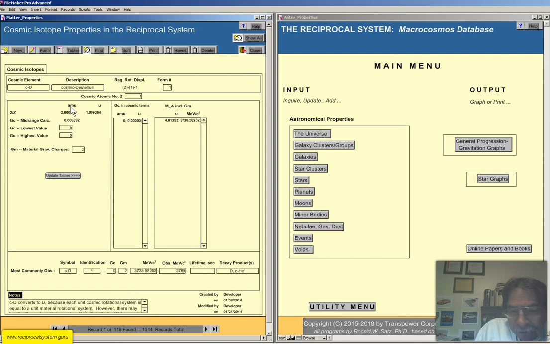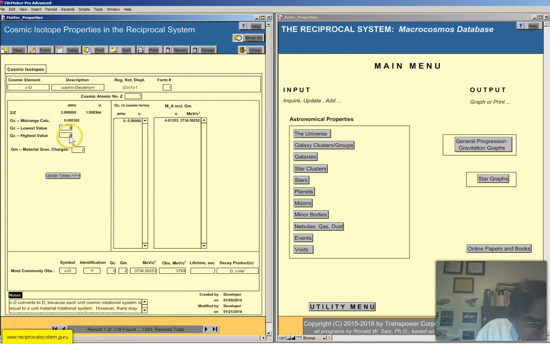The reciprocal system is more consistent with the old oxygen basis than with the newer carbon basis, but we give both here. G sub C means the number of gravitational units from the cosmic sector, and the mid-range calculation. So it's less than 1, obviously, lowest value and highest value.